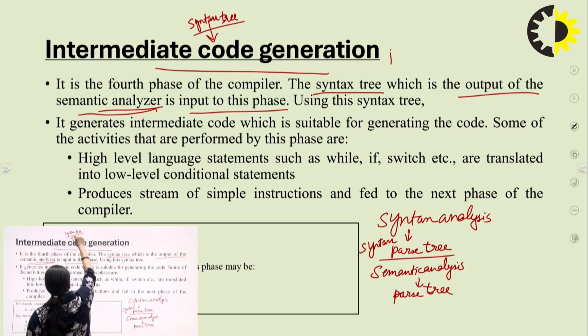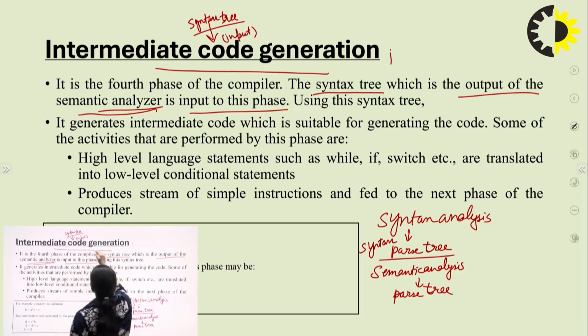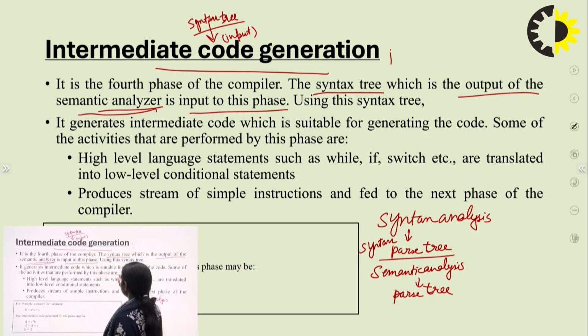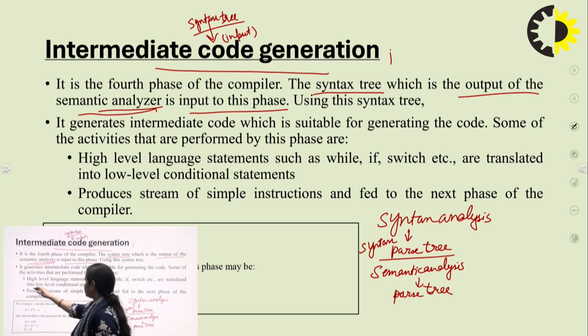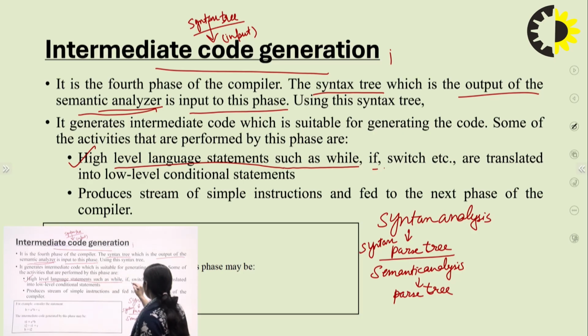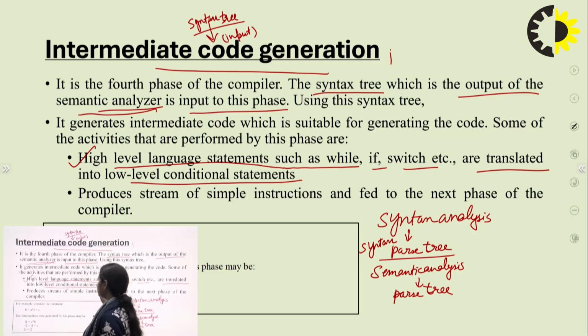So the input which we are receiving is in the form of a syntax tree, and it generates the intermediate code which is suitable for generating the code. Some of the activities performed in this phase are, firstly, high level language statements such as while, if, switch, and many more are translated into low level conditional statements.